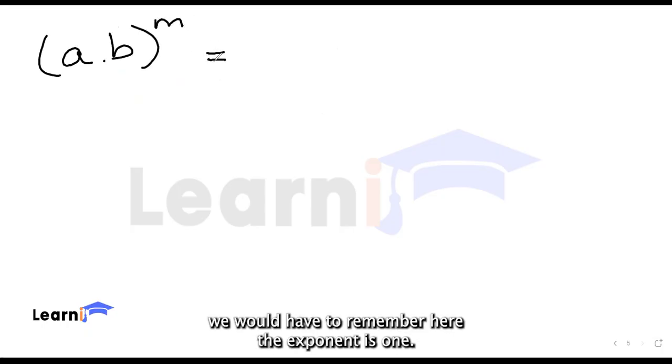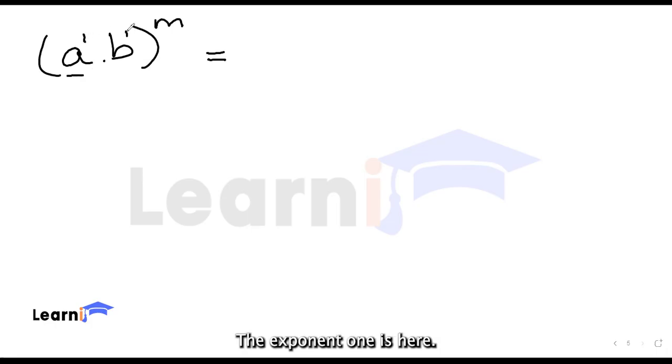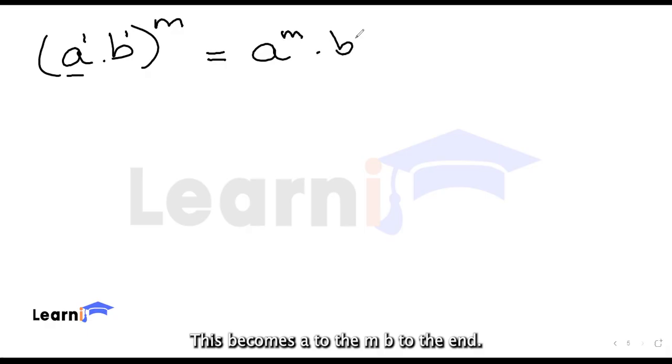So if I had a times b to the m, we would have to remember here, the exponent 1 is here. This becomes a to the m, b to the m. Both are raised to the power of m.